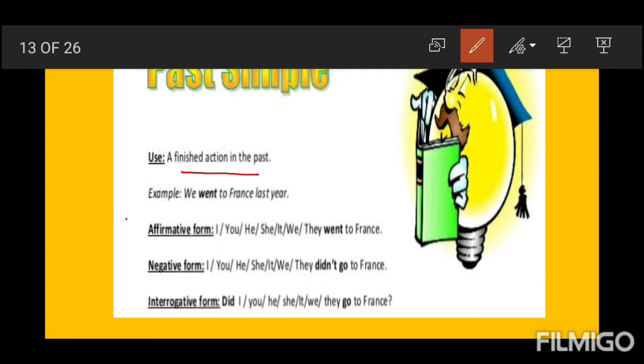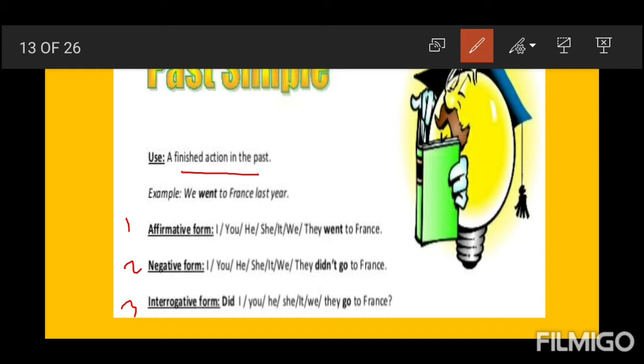We have affirmative form, negative form, interrogative form. What's the meaning of affirmative form? Affirmative means no negative, no question, as if you're saying yes. Negative form means not, and interrogative form means a question.